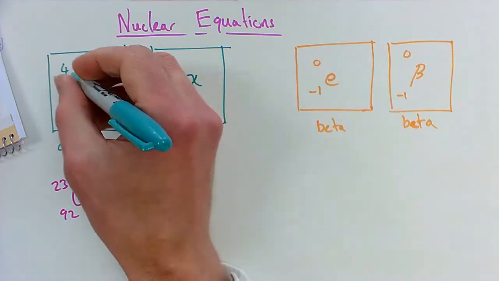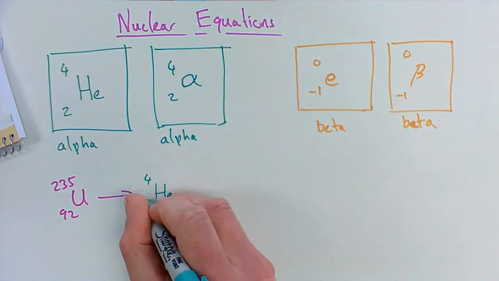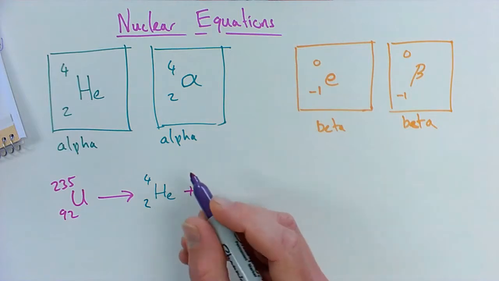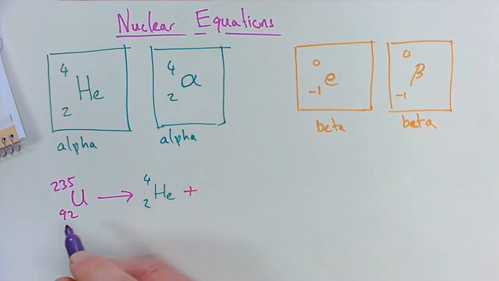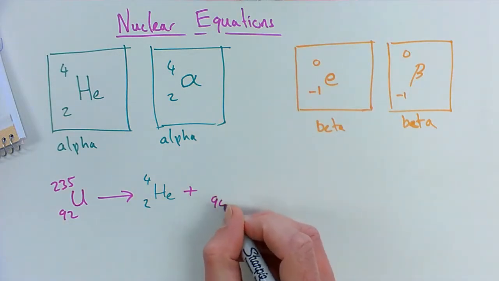So if it gives off this alpha particle, let's represent it like this. All we need to do now is think about what's left. This uranium started off with 92 protons. 2 of them are thrown out with the alpha particle. 92 minus 2 leaves us with 90 left here.